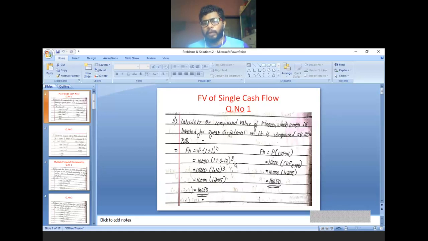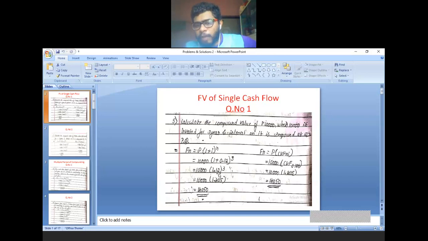Use your calculator. This step is not required. Try to understand, second step is not required. Directly go to the third step. What is the value? 1 plus 0.12 to the power 3 is nothing but you will get a long figure, but always you have to take the 3-digit value, that is 1.405.